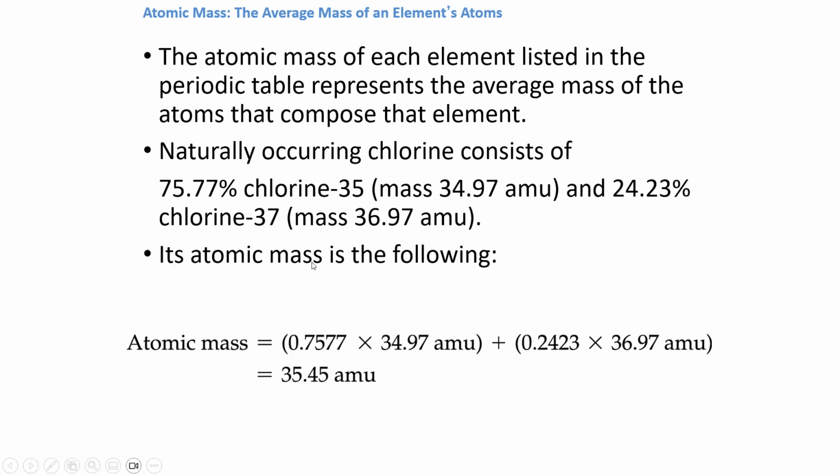So to calculate its atomic mass, you take the percent, so you turn this into a percentage, so divided by 100% gives you this, times the mass, plus this percent times the mass, and that gives us the average atomic mass of 35.45 AMU.